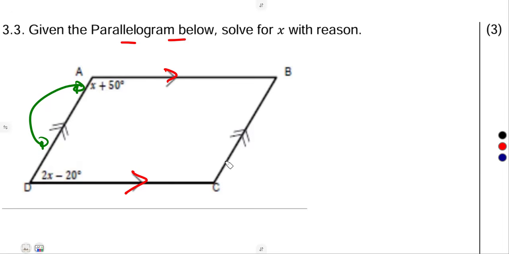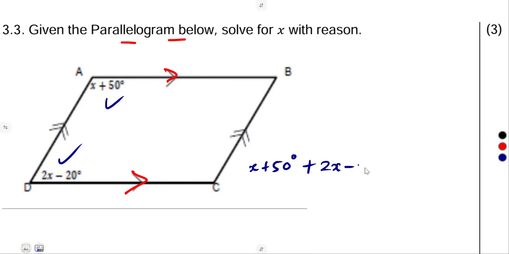You can work with the property of what? Parallel lines. Adding these two, we are talking about the adjacent angles of a parallelogram. They add up to 180. You can use the co-interior angles. It's up to you guys. All right. So x plus 50 degrees, when added to 2x minus 20 degrees, we must obtain 180 degrees.